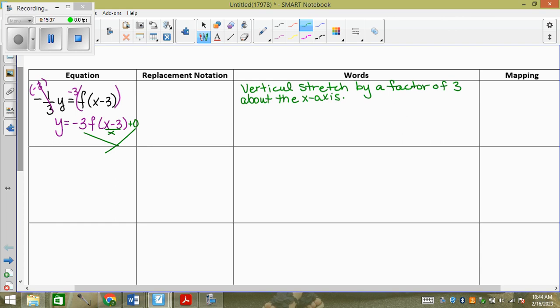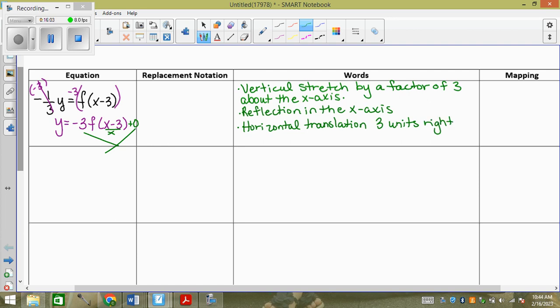Yes, we have a negative with the 3, so we have a reflection in the x-axis. Do we have any translations? What kind? We have a horizontal translation, three units. Right, because it's always opposite when you come from the equation.